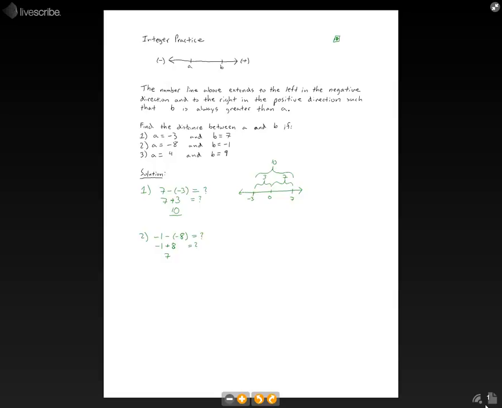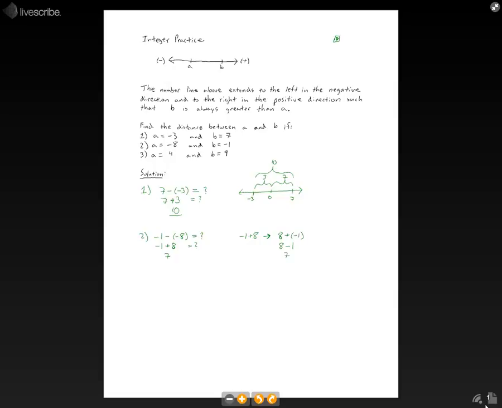So actually we could rewrite this in a different order, since it doesn't matter what order you add numbers in, as 8 plus -1. And from here, the rule with adding a negative number is that you just subtract. So we could rewrite that as 8 minus 1, which equals 7.